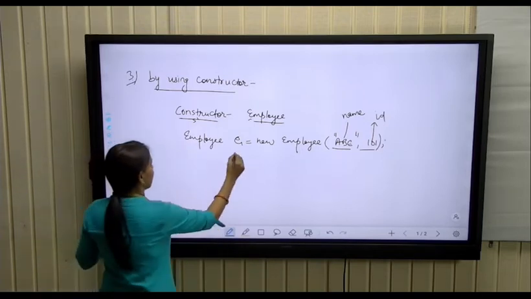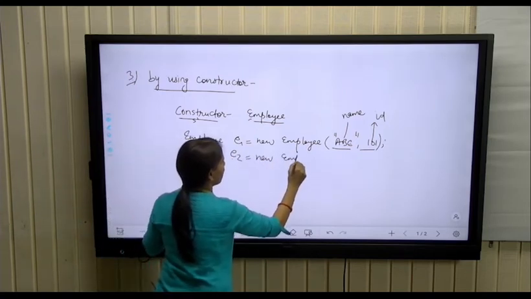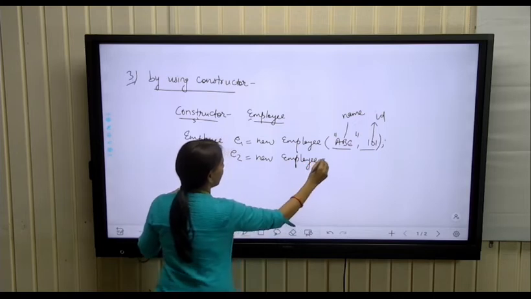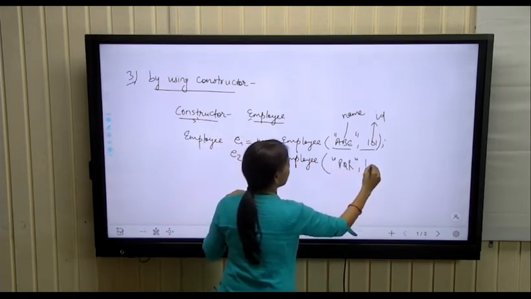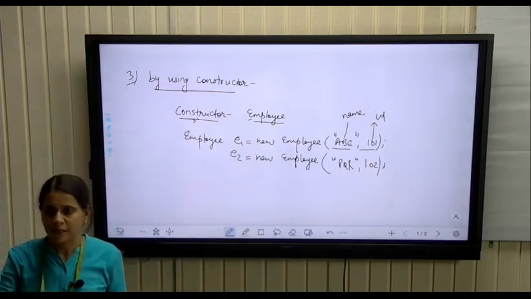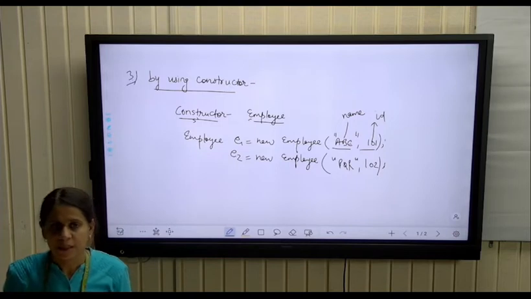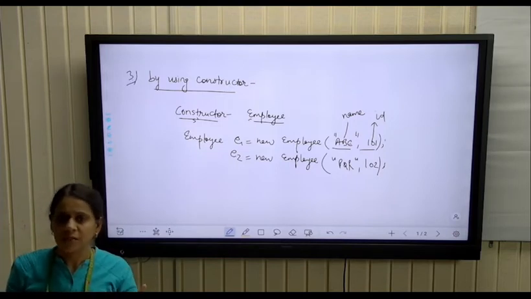So again I can change this by creating another object, that is Employee PQR. Whatever you want, the properties change accordingly.